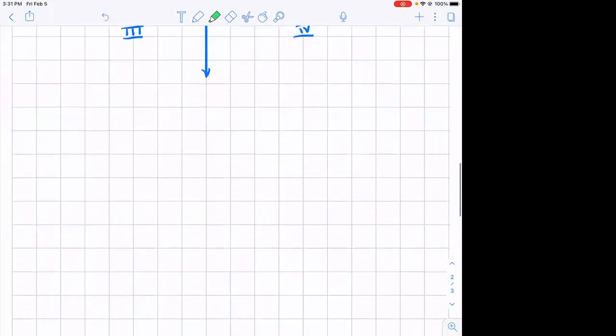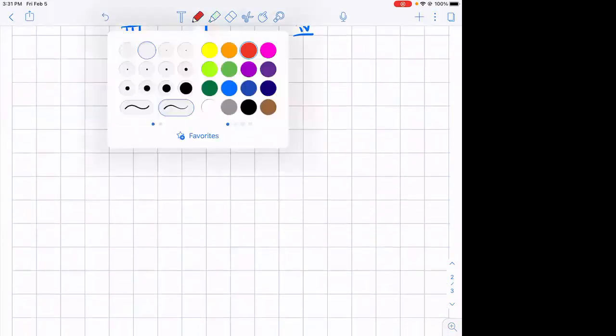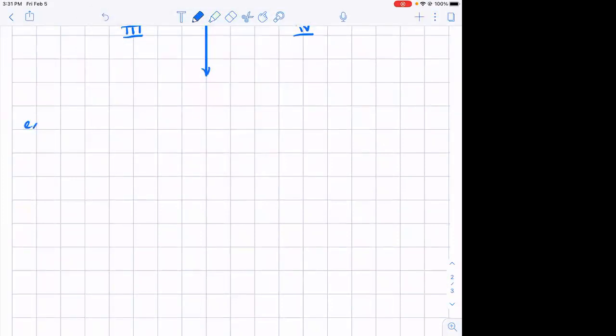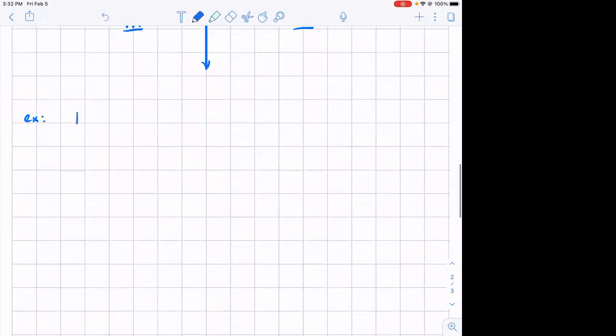For example, if we say plot, or graph, though I think plot is more common, the point 3, 4.